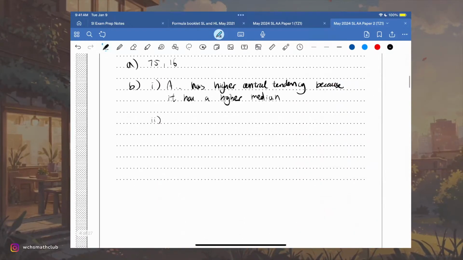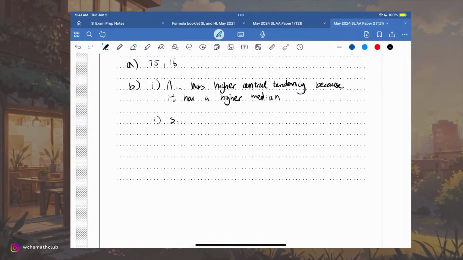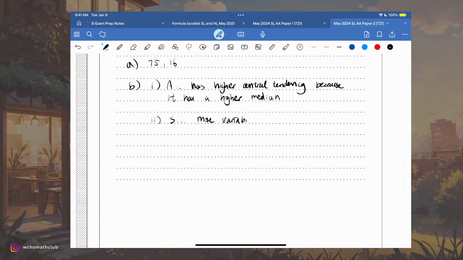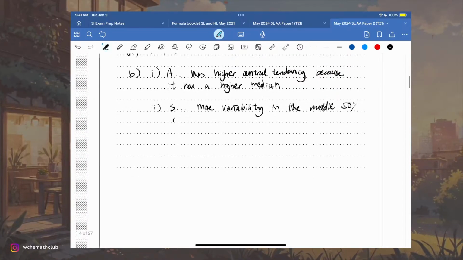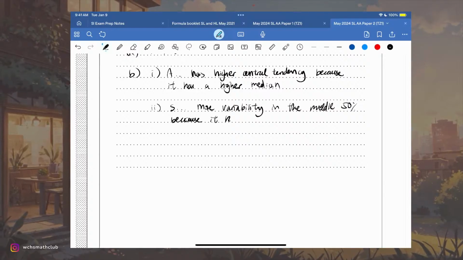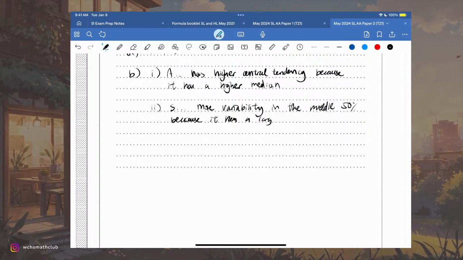All you're going to write down here is Spain. I'm not going to write down the full country name, but actually write down the full names on your exam. So Spain has more variability in the middle 50% because it has a larger interquartile range.